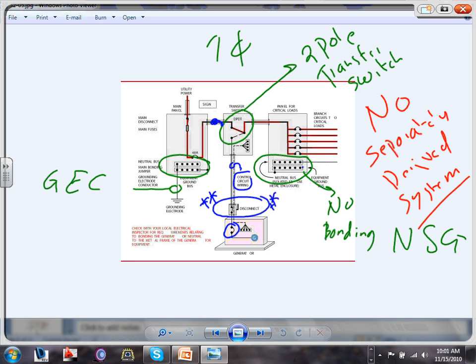The guy who comes, Mr. Boggs, does a really good job explaining the system, not the electrical part, but mainly the mechanical part. Any question, guys? So that's my separately derived system, or non-separately derived system, depending. In this case it is a non-separately derived system.